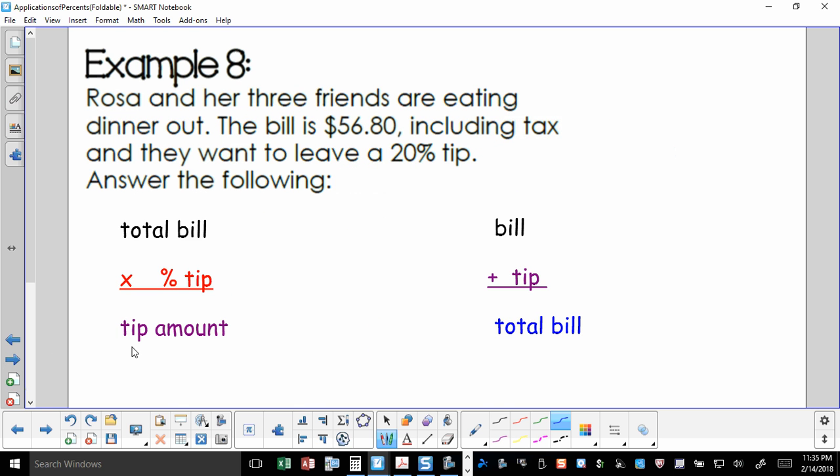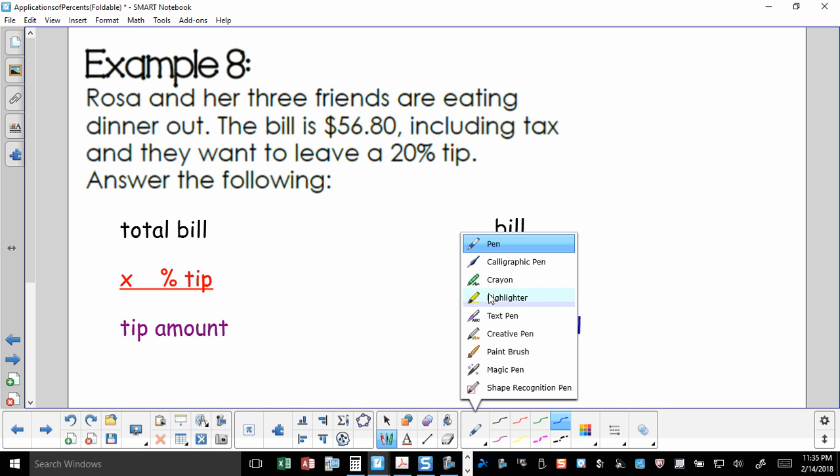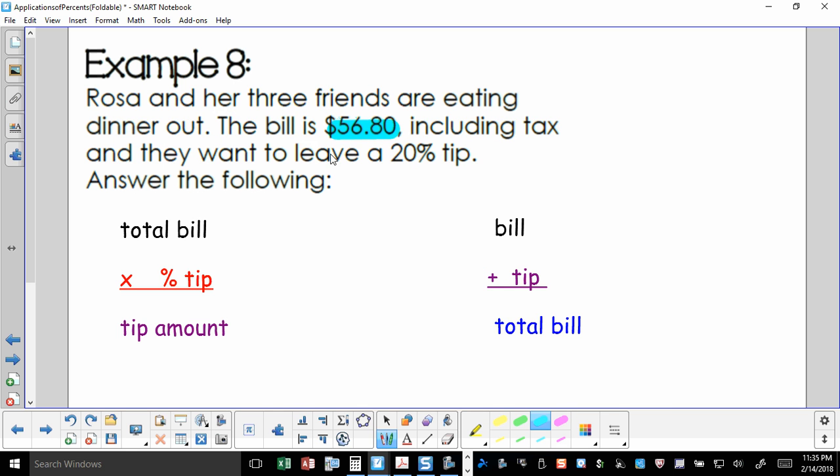In our final example, Rosa and her three friends are eating dinner out. The bill is $56.80, including the tax, and they want to leave a tip of 20%. All right, so let's look at this for a minute. So the total bill is $56.80, and we're leaving a 20% tip, so 0.2. So what's $56.80 times 0.2?